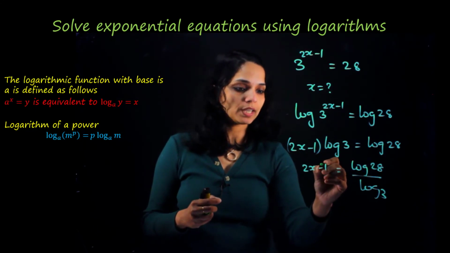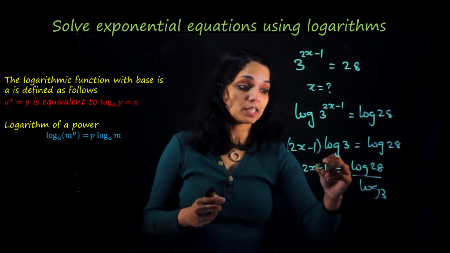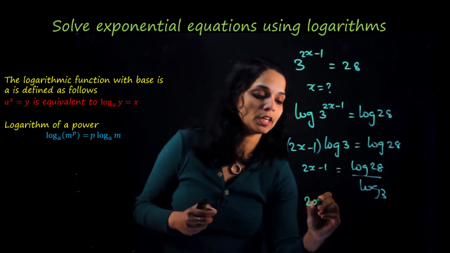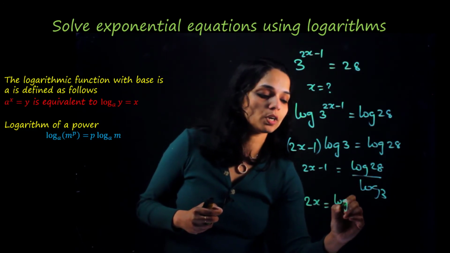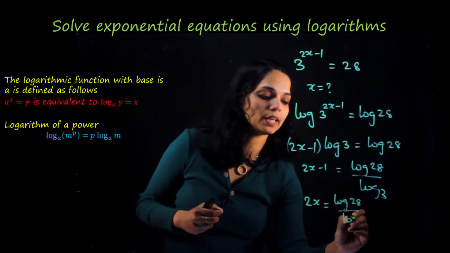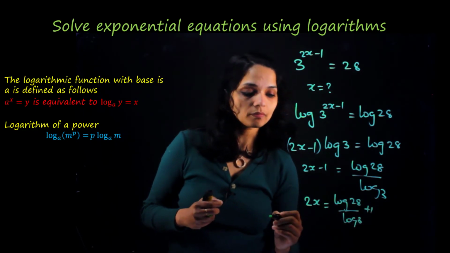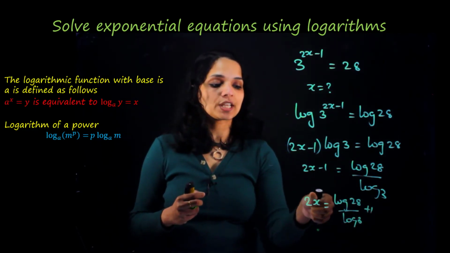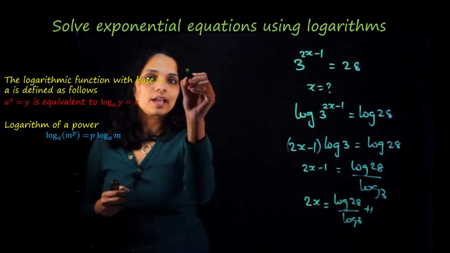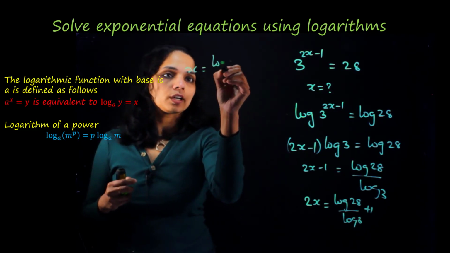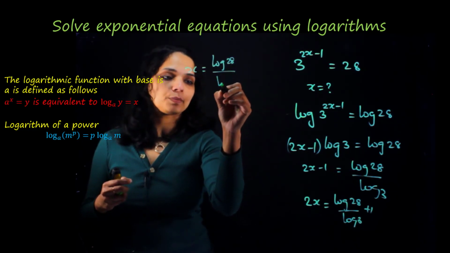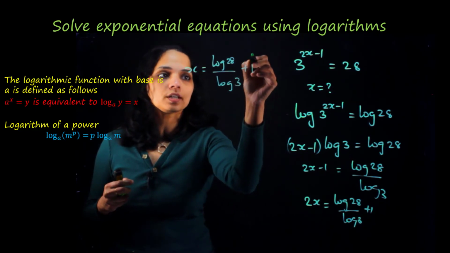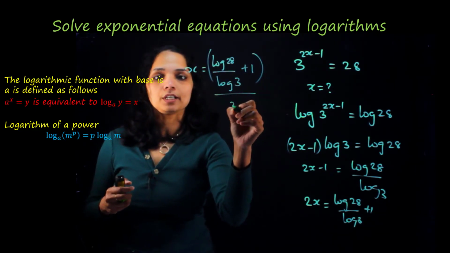Now we need to rearrange this equation to get x as the subject. So we take the minus 1 to the other side first. That will be 2x equals log 28 over log 3 plus 1. And then when you take this 2 to the other side, x is log 28 divided by log 3 plus 1, the whole thing divided by 2.